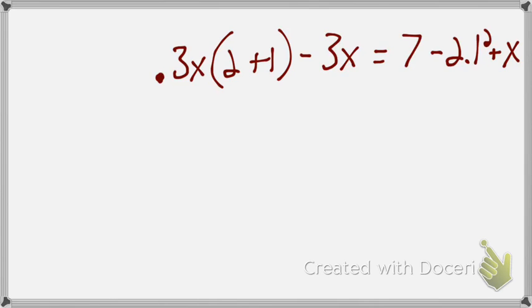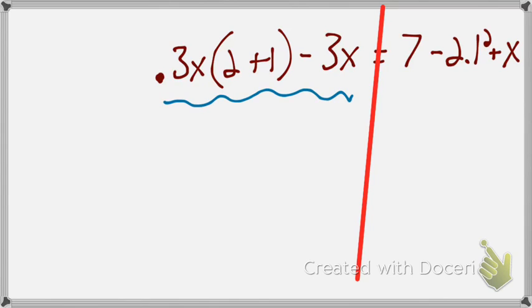But with our calculator, the calculator can do it for us. All we have to do is draw a line down the middle of our formula, and everything over here is y1. And everything over here is y2.